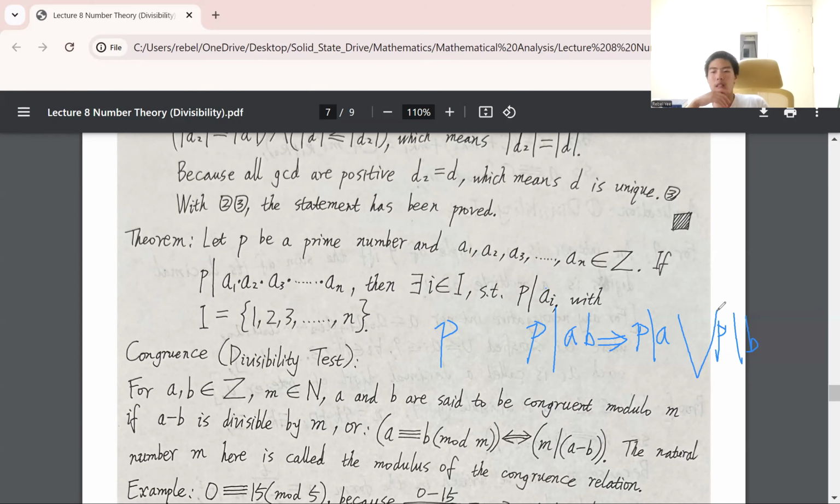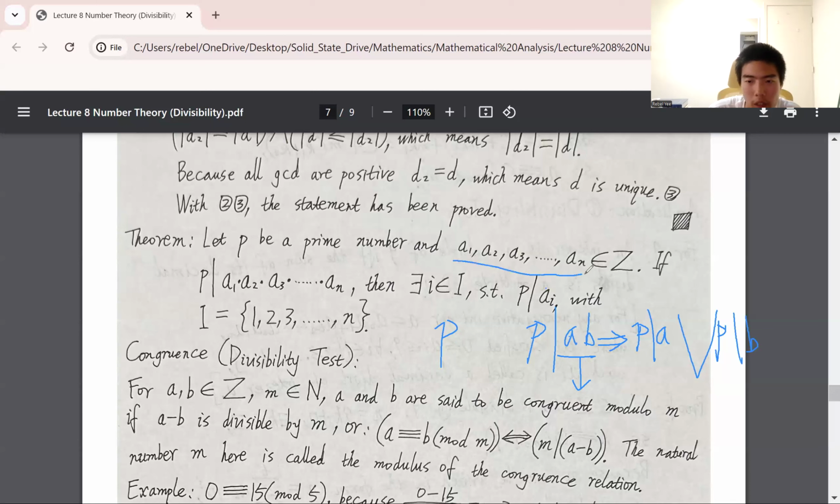This theorem is helpful because if we know P is a prime number and this integer is something like a product of 2 integers, A and B can be prime numbers or not, but it's a multiplication of two integers. Then we can always find A or B that P can divide. And this is the case when there are only two integers.